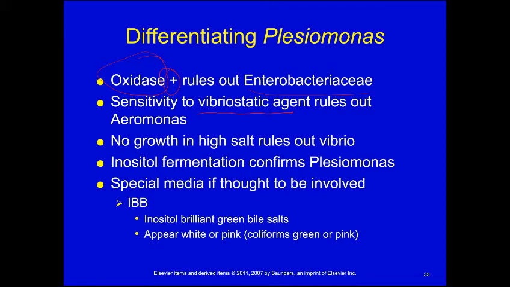Will you jump into conclusion that it is Vibrio already? No. You have to do the growth in high salt water, like alkaline peptone water with additional 2 to 4% salt, which can support the growth both of the parahemolyticus and the cholerae. If it does not grow in that alkaline peptone water with high salt, then it is not Vibrio. It is therefore your Plesiomonas.